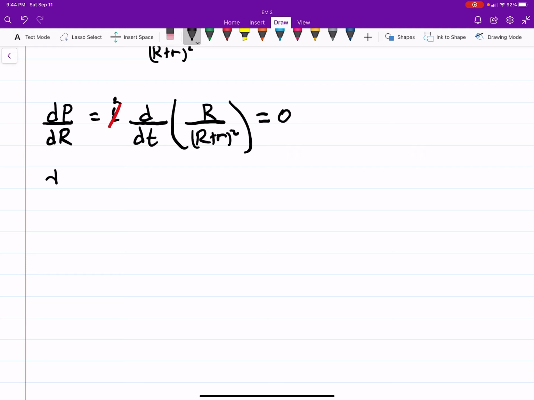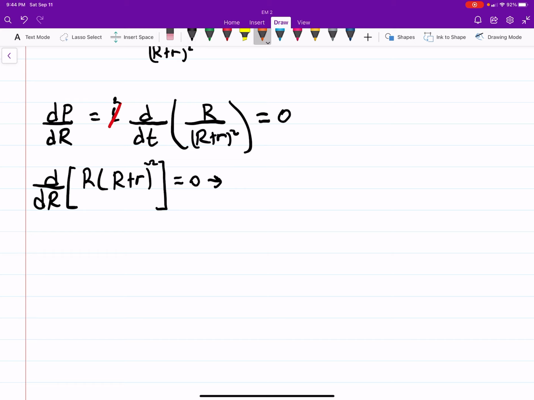So I'm just going to rewrite this, d by dR of this big R times big R plus little r to the minus second. We could have done a quotient rule here, but I usually just rewrite my quotients as product rules because those are easier for me. It is equal to 0 still.